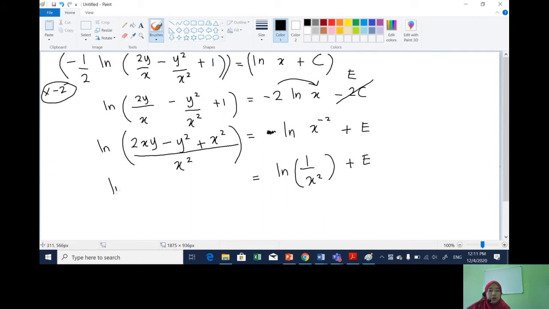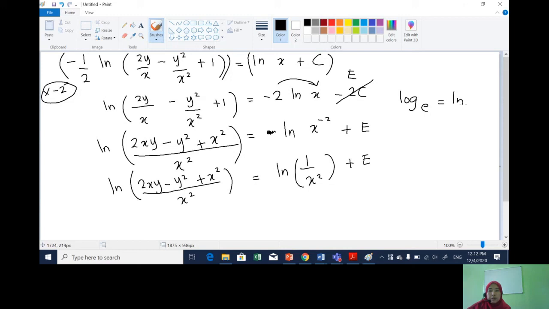So the left remains the same thing: ln 2xy over x squared. If we want to remove this ln, just remove it. ln means log base e, correct?